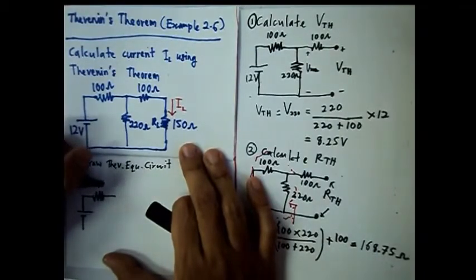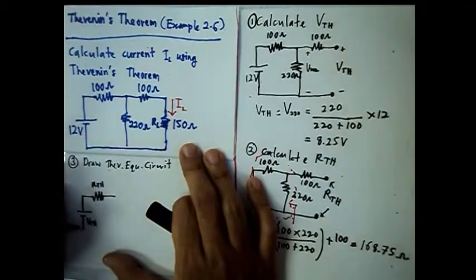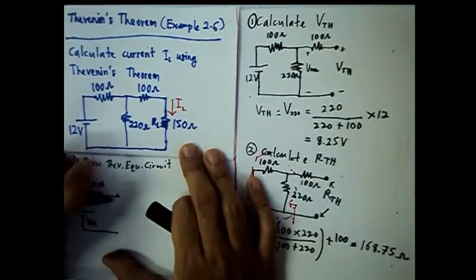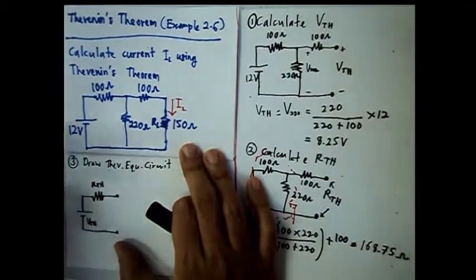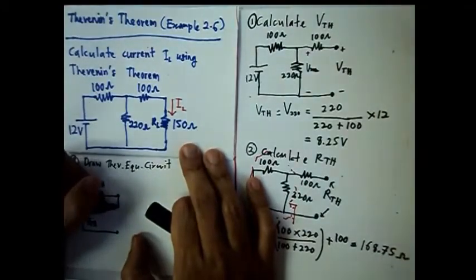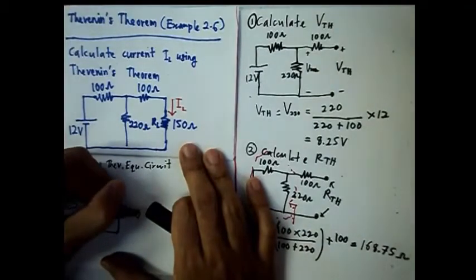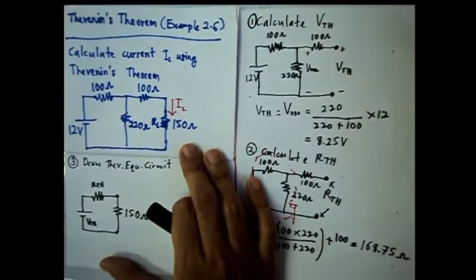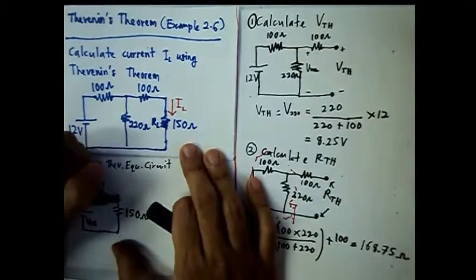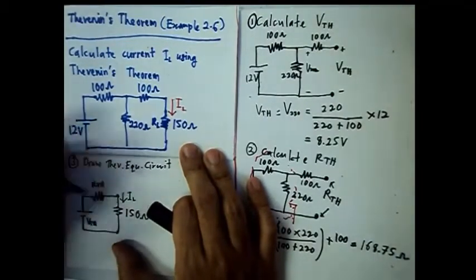So this is RTH, this is VTH. Then at the open terminal here we place back the RL, or 150 ohm resistor, where current IL flows through it. Now we want to calculate IL here.